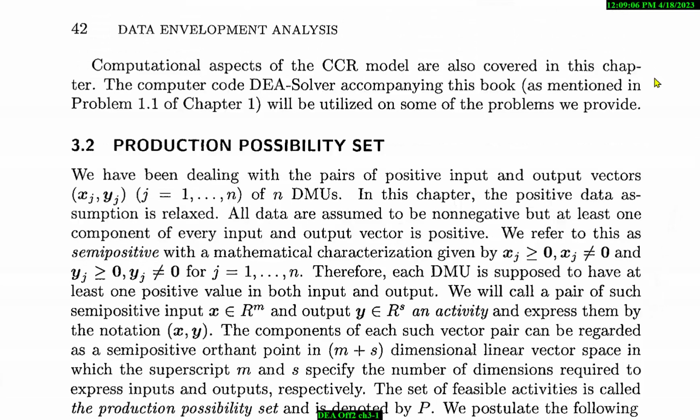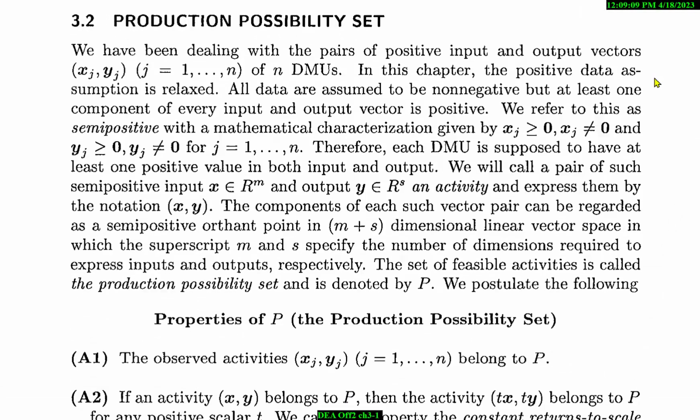But what is the production possibility set? Production possibility set indeed contains all pairs of inputs and outputs such that the inputs can produce the outputs.